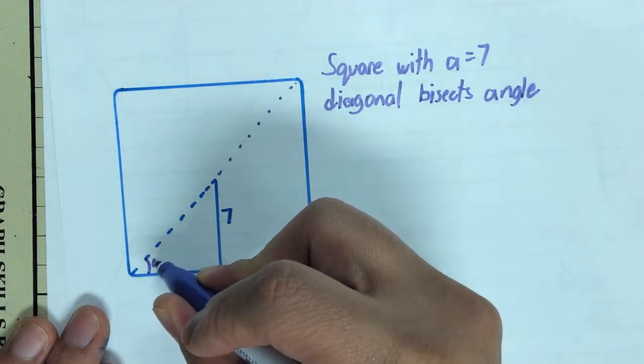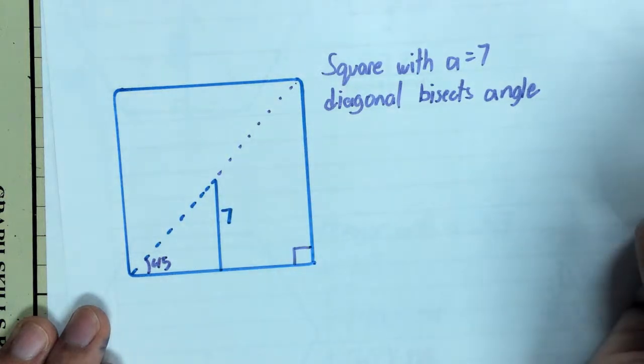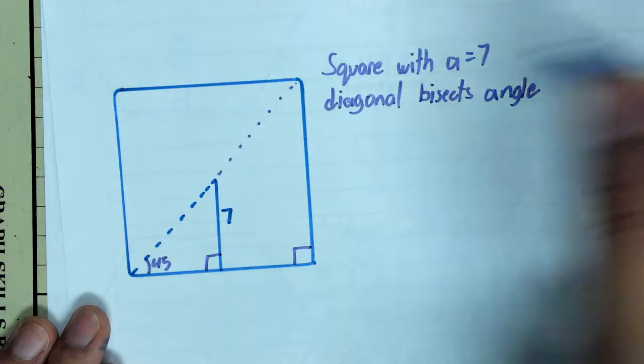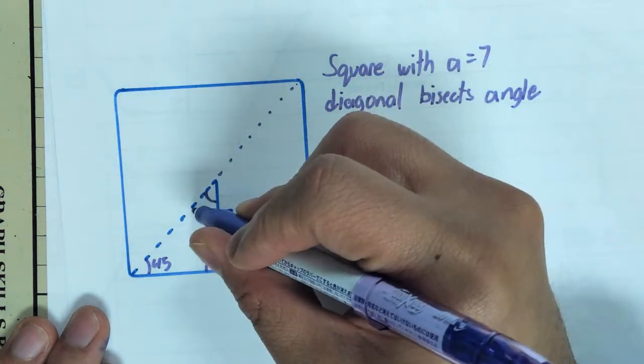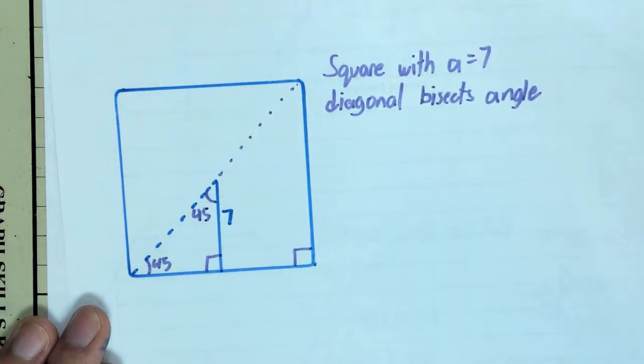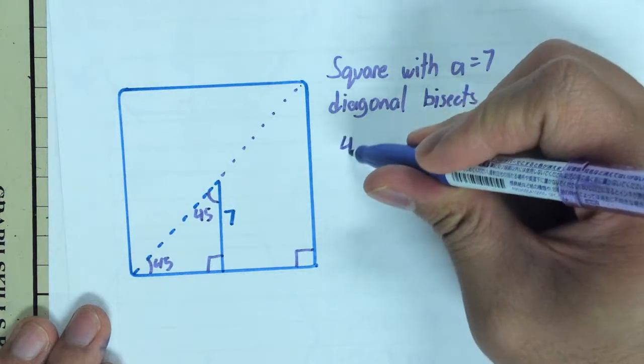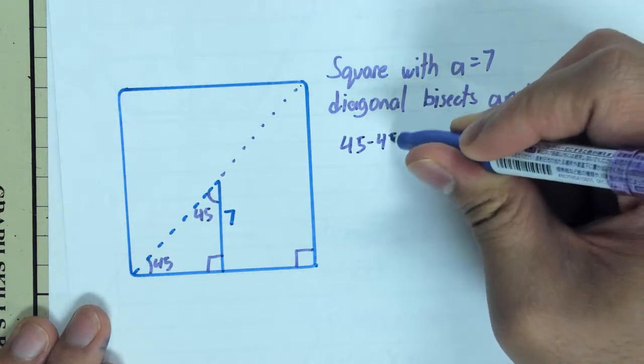Bisected means this is 45. Over here is 90. Apothem makes a right angle, which means down here is also 45. So this is a 45, 45, 90 triangle.